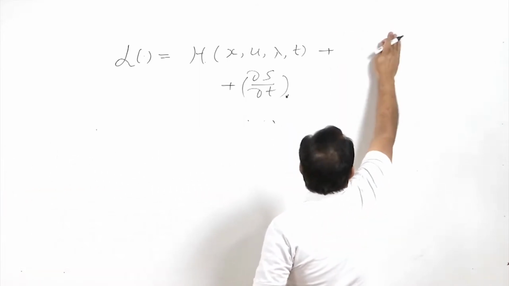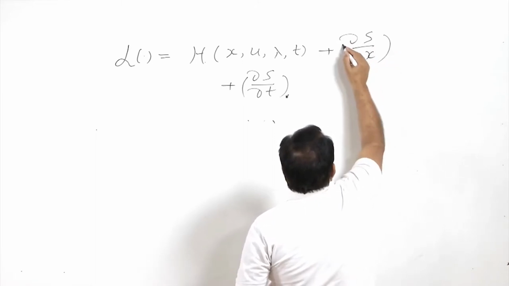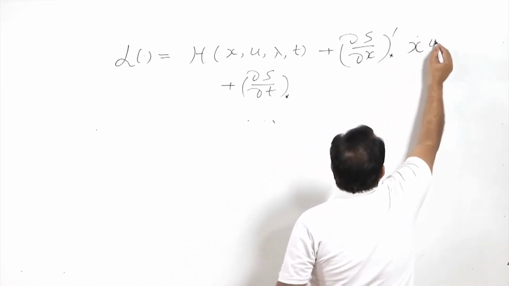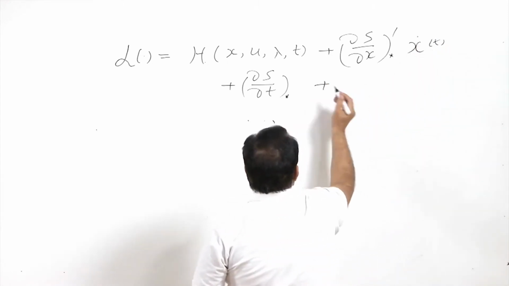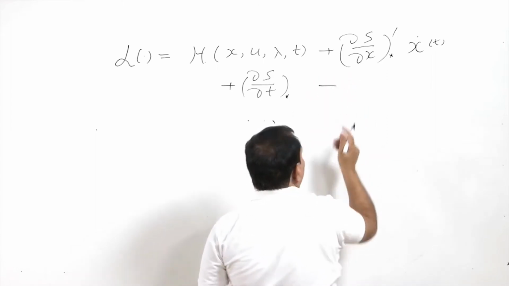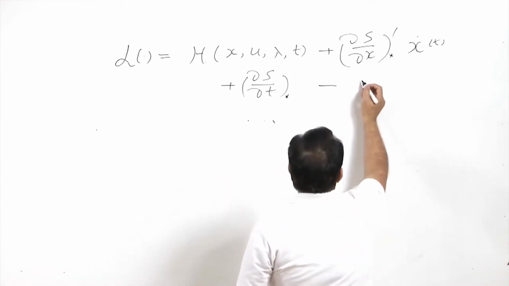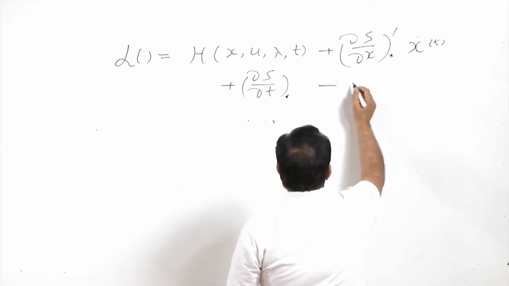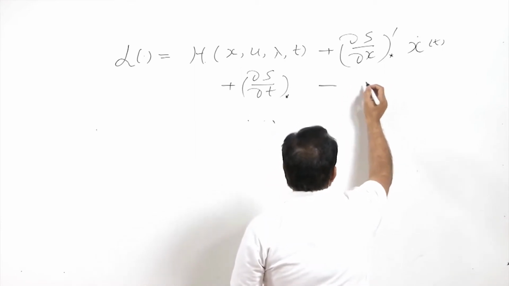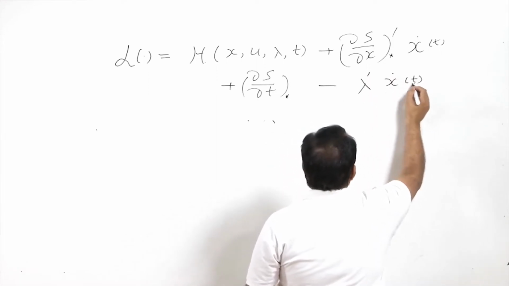This was my del s by del x prime x dot of t, and this was my minus lambda prime x dot of t.